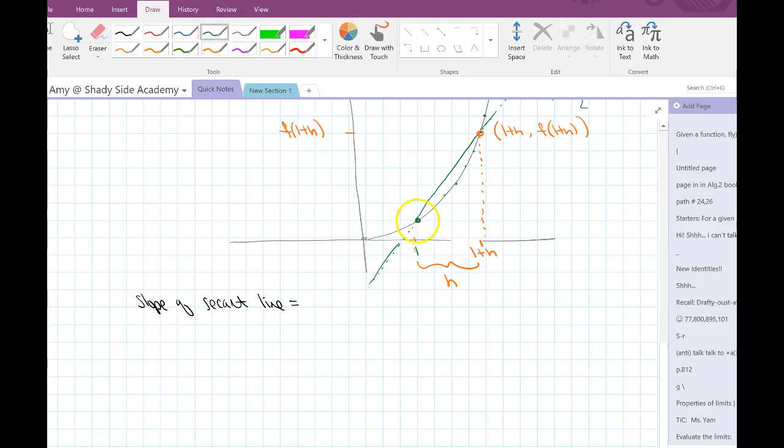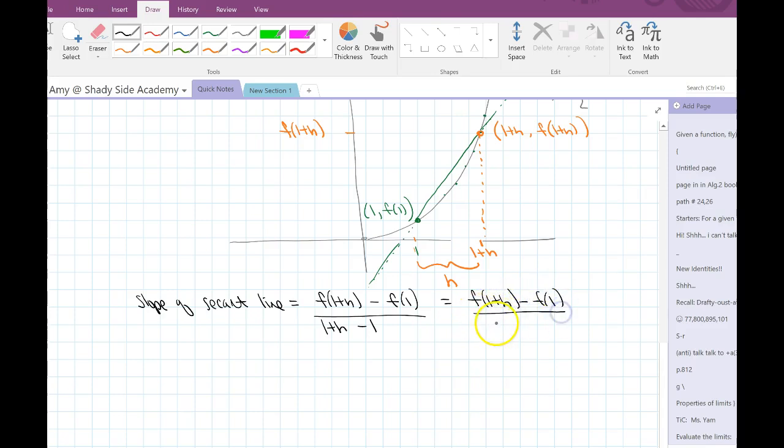Just to be thorough, this point here is the point 1 comma f of 1, right? And yes, I know f of 1 was 1/2; we actually calculated it. The slope of the secant line is f of 1 plus h minus f of 1 all over 1 plus h minus 1, which equals f of 1 plus h minus f of 1 all over h, because here 1 and negative 1 cancel.